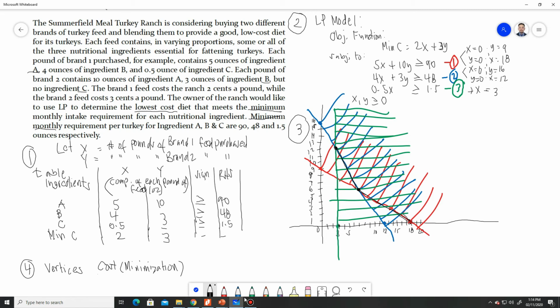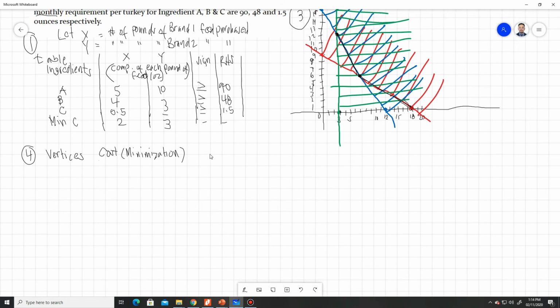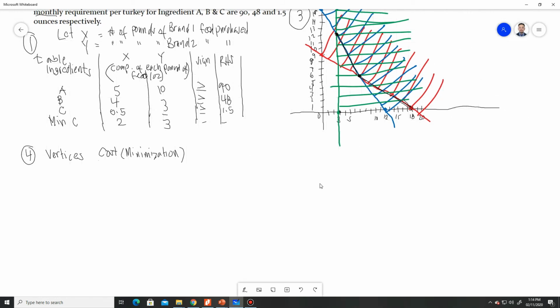Okay, for step 4, we get the vertices of the corners. The first vertex is here.